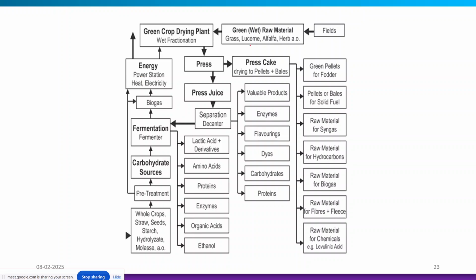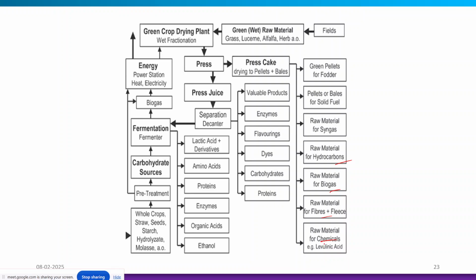Whereas when the green biomasses like grasses and alfalfa are taken, those are pressed, and pressed cake is being further processed for the green pellet for fodder or solid fuel, as a solid fuel, raw material for the syngas, raw material for the different kind of production of hydrocarbon, for production of biogas or fibers, or other raw material for the chemicals like levulinic acid.